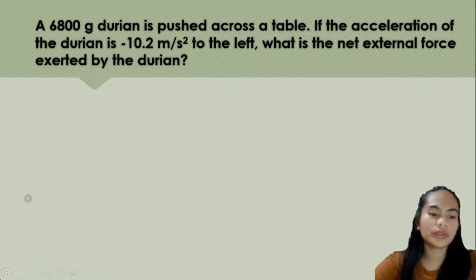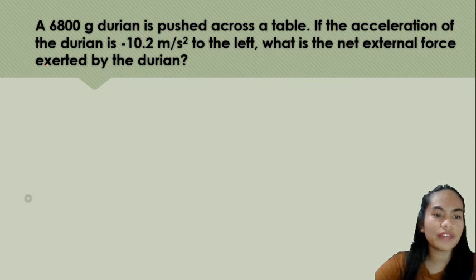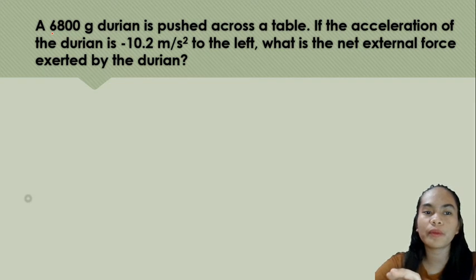Let's now go to the different computations. What are the computations that we should follow? Let's start with the given. For us to analyze the problem, we should always look for the given.